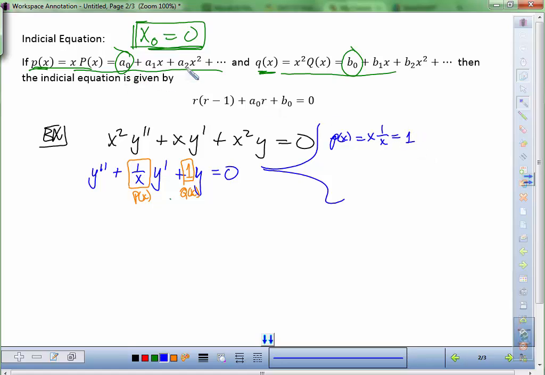And in terms of lining this up with all these constants, this is really a sub 0. Or if you want to put it this way, this is the power series that you would expand it to, and then you would identify a sub 0 as that first term, the constant term.